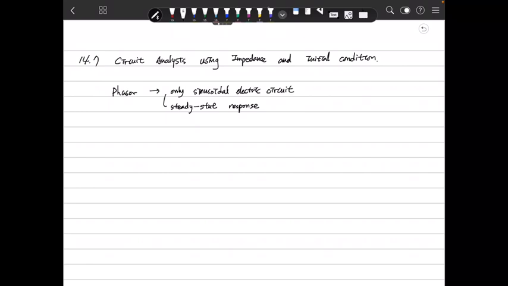And the Laplace is a more general approach. Laplace can handle various sources, like the step, sinusoidal, exponential, and whatever it is.